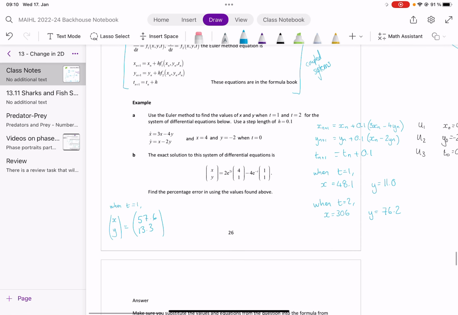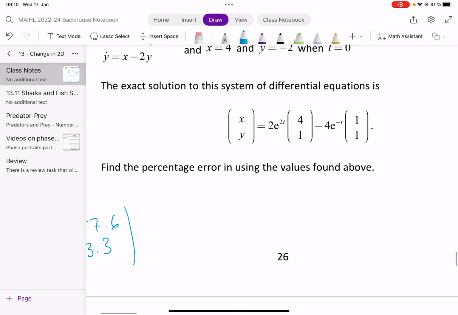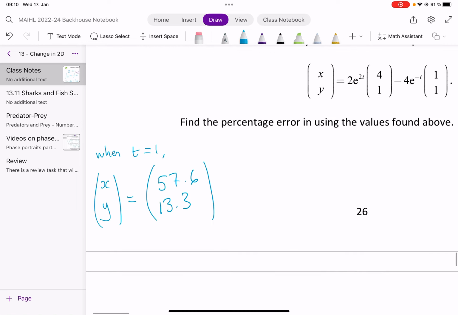Comparing that to the answers I got, 48.1 for x, now I've got 57.6. I got 11.0 for y, and I've got 13.3 for the y this time round. This is obviously my more accurate solution because it's using the exact solution to the differential equations, and then I've just rounded them to 3 significant figures.